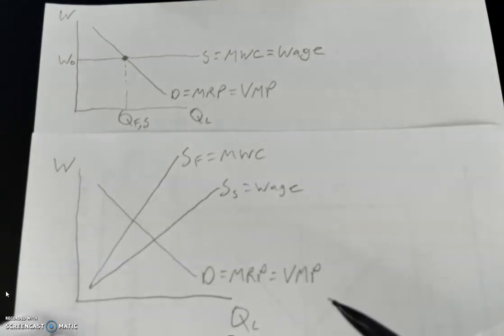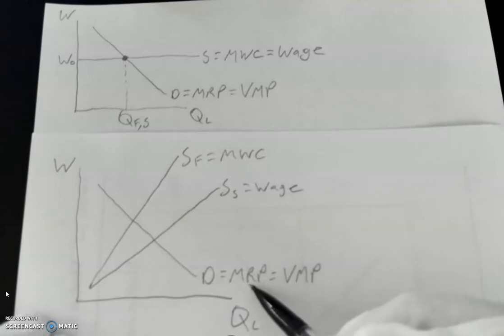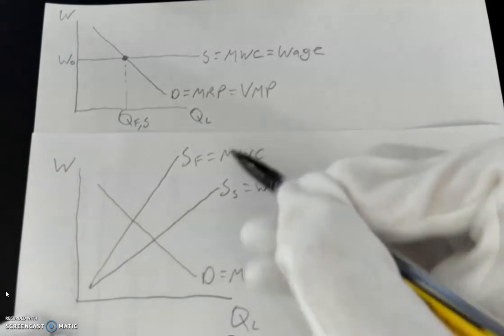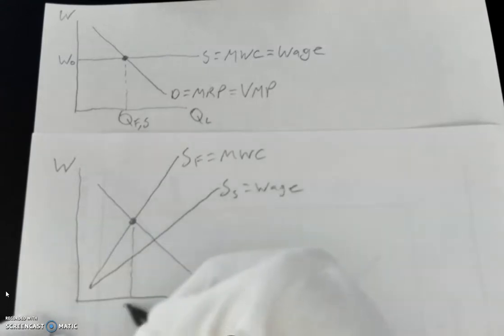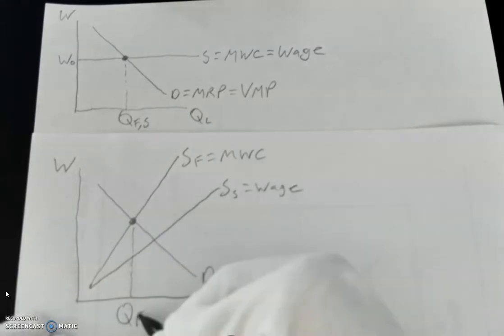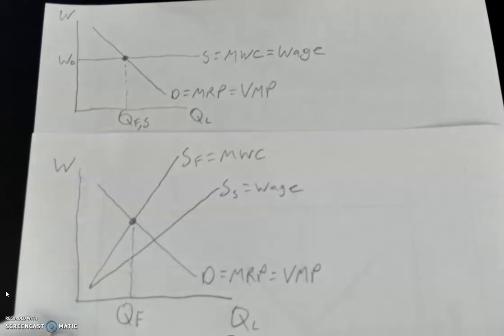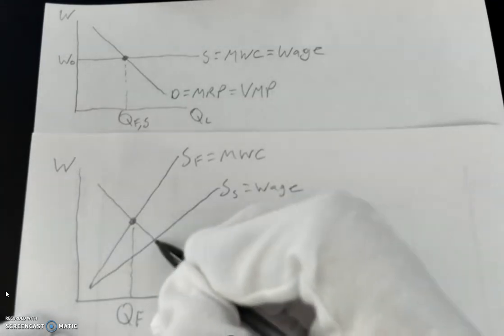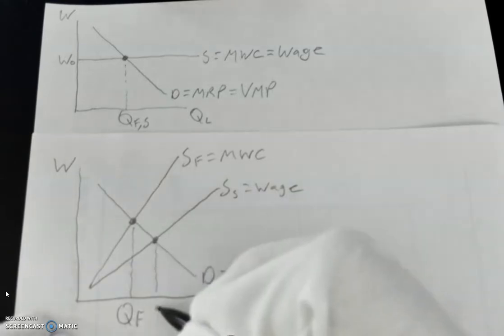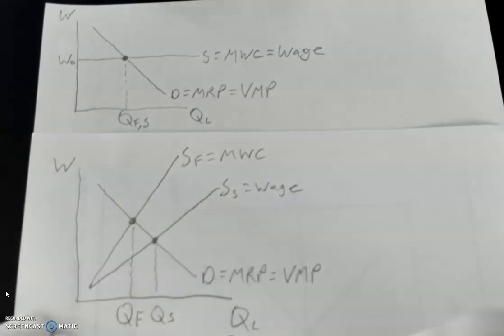All right. The firm looks at marginal revenue product and compares it to the marginal wage cost. So they're going to choose this as Q firm. That's profit maximizing. Society looks at the value of marginal product and the wage. So society is going to choose right here. Quantity society. Well, what do you know? We get the same problem.